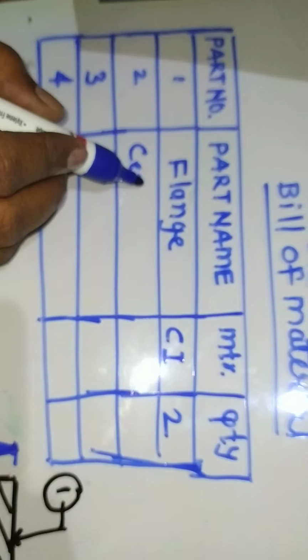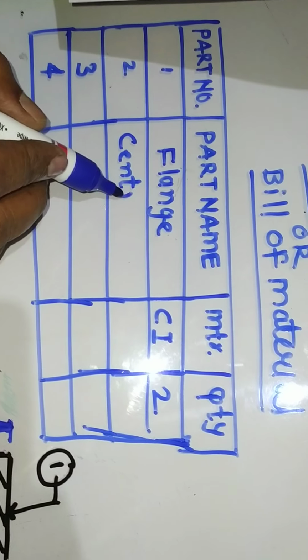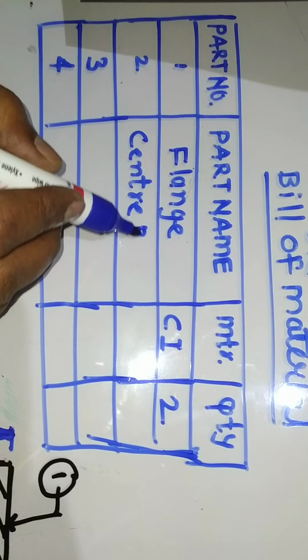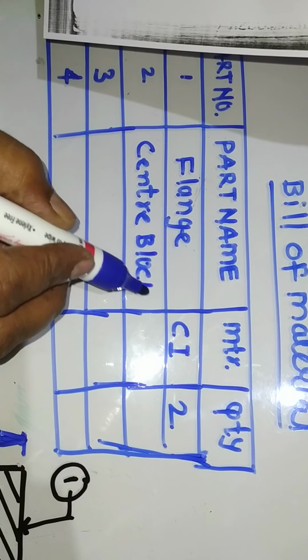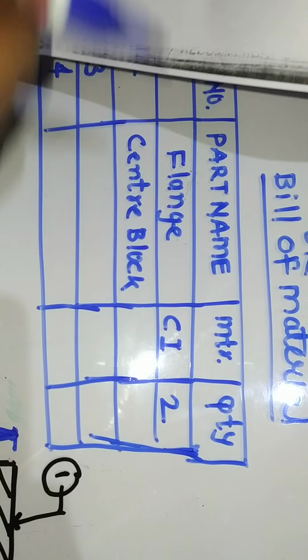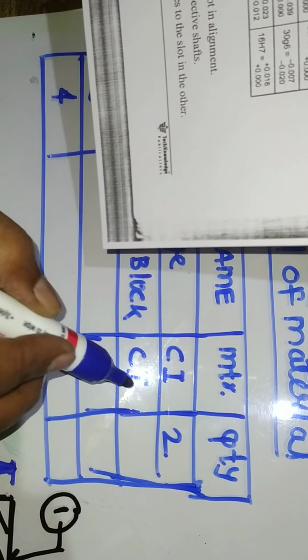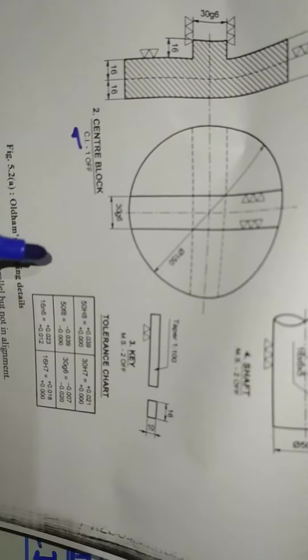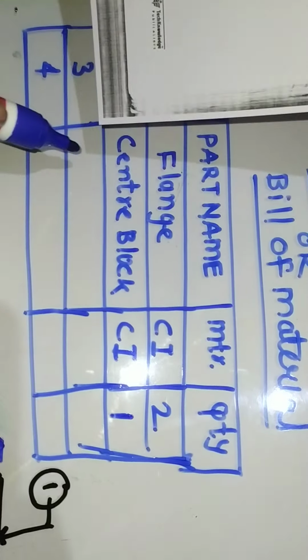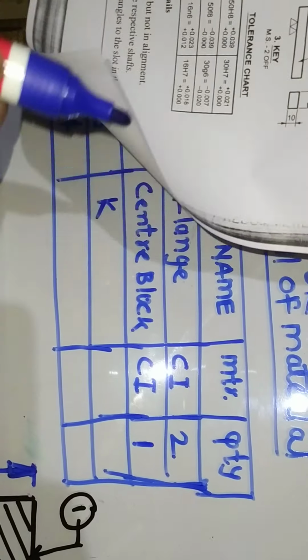Now second, which is the second here? Central block. Just we have to see the question. Everything is available. It is also made up of cast iron. How many central blocks or central discs are there? Only 1. Third is key.